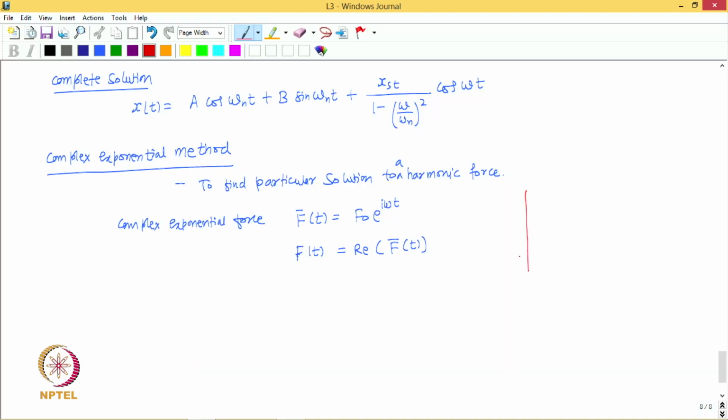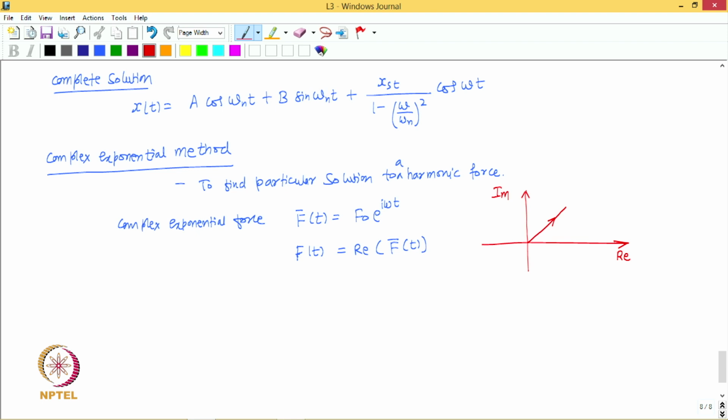Before we proceed further, let us see what this complex exponential force is. I can show this on a complex plane, with the imaginary part of the force on the y axis and the real part on the x axis. This complex exponential force can be shown like a vector, F naught e to the power i omega t, and because t is continuously changing, it is like a rotating vector.